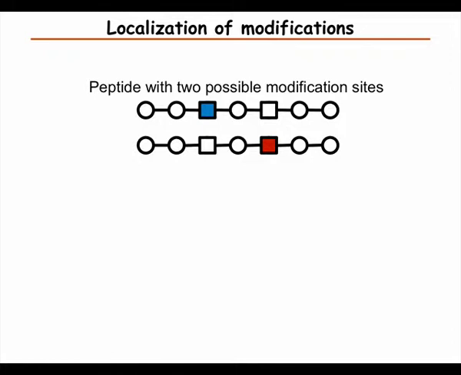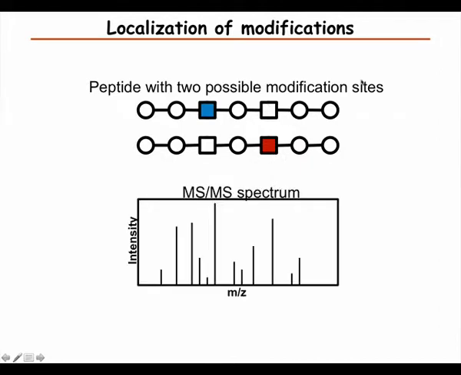So we're going to try to look at doing the same thing for modification sites. In this case, we have an example peptide with 7 amino acids and 2 possible sites. The modification can either be on the blue amino acid or on the red amino acid.